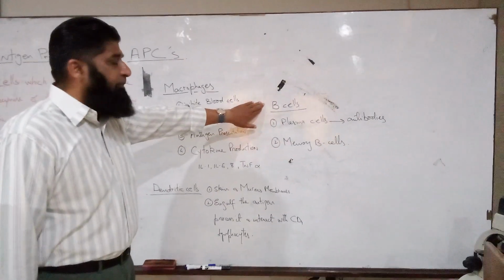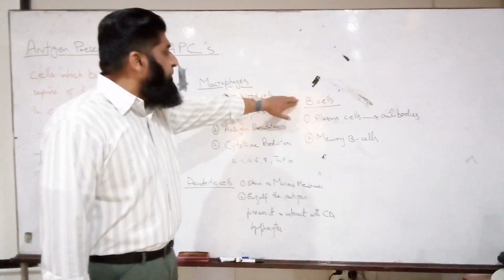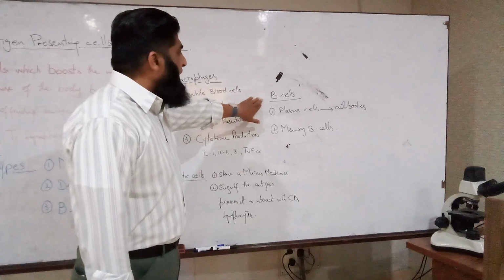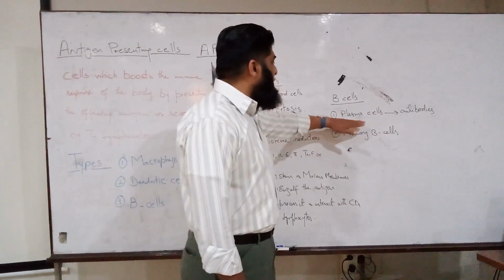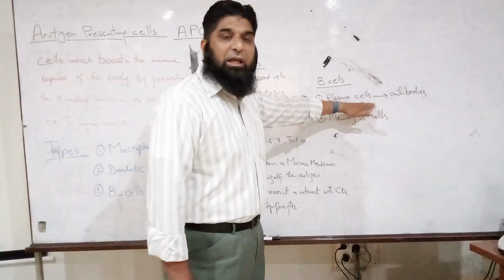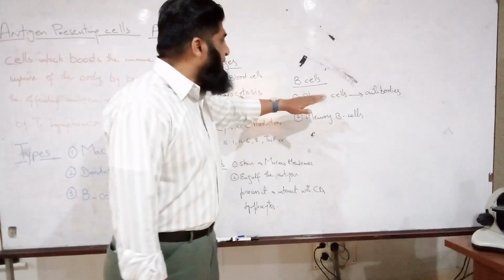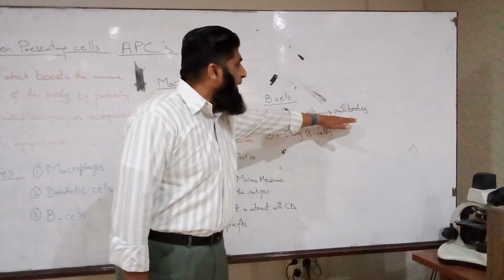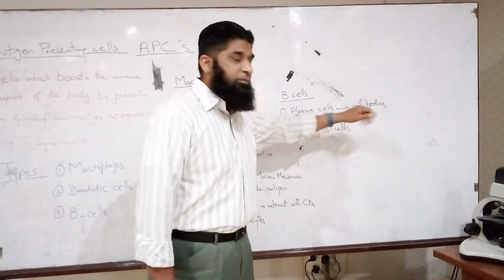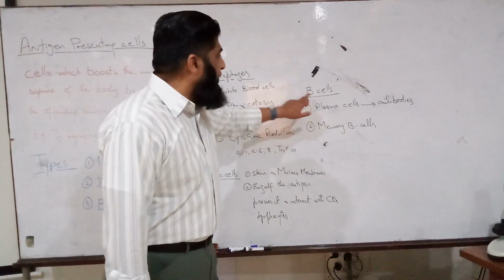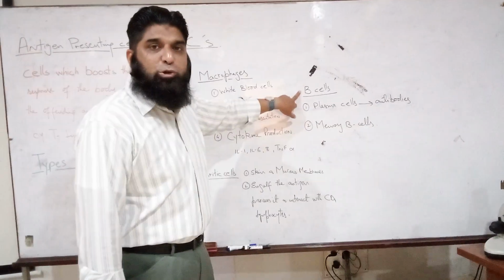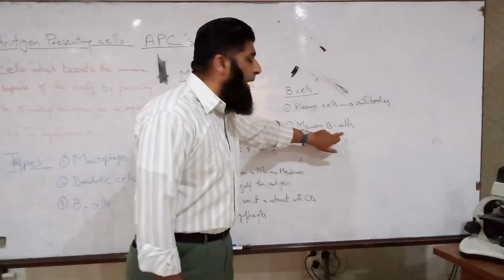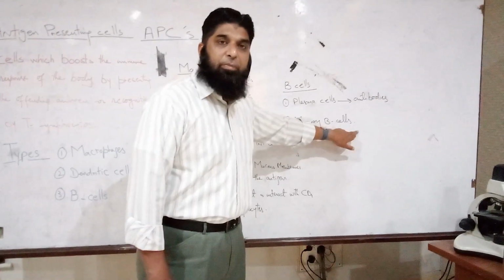Now B cells. Students, you all know B cells, they differentiate into plasma cells. And these plasma cells form antibodies. Further, B cells also transform into memory B cells.